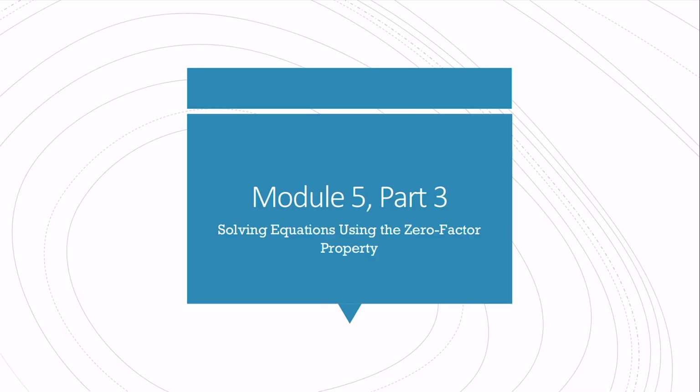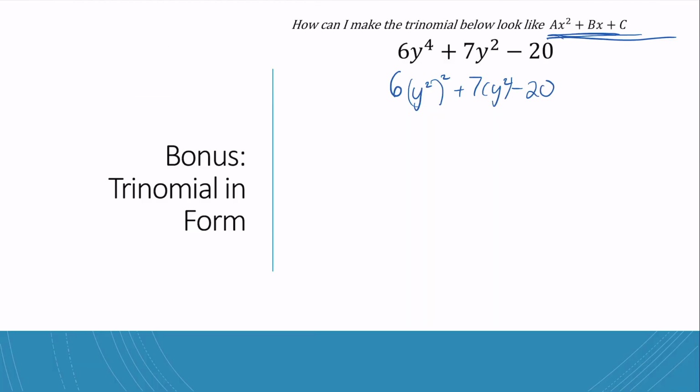So I need to find the factors of 6 AC, which is 6 times -20, so -120, that add up to 7. So I could think of -12 and 10. That's not going to work. I could think of -20 and 6. That's not going to work.